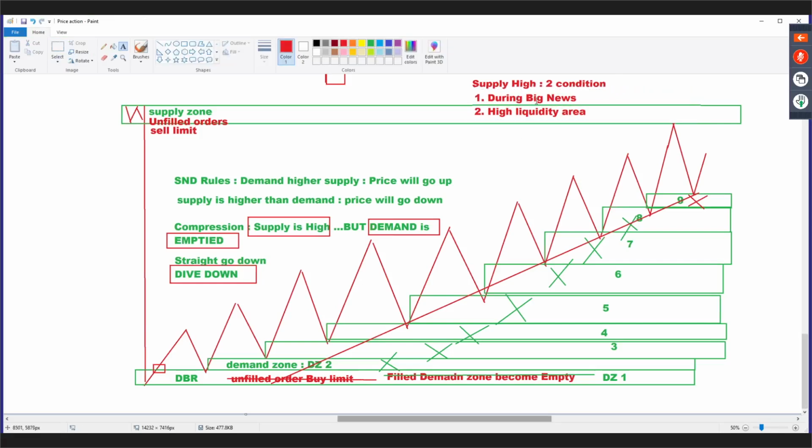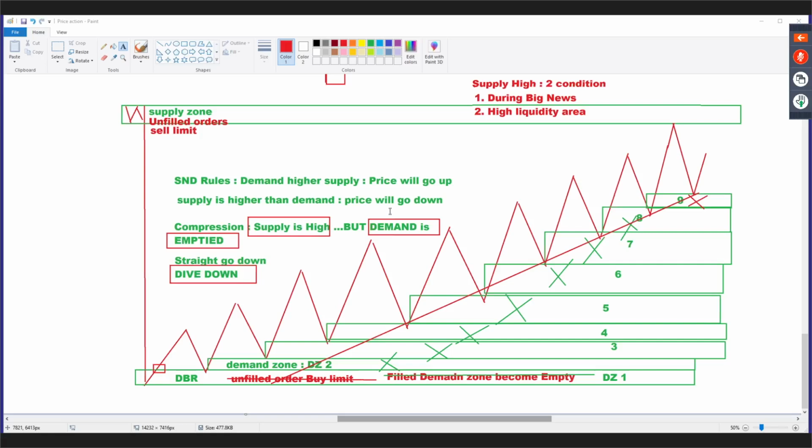Okay, now we discuss the first one, during big news, right? So usually what happens during big news is that all those investors, all those bankers, this is when they enter the market. They don't simply enter every single day. No, they just wait for those moments.